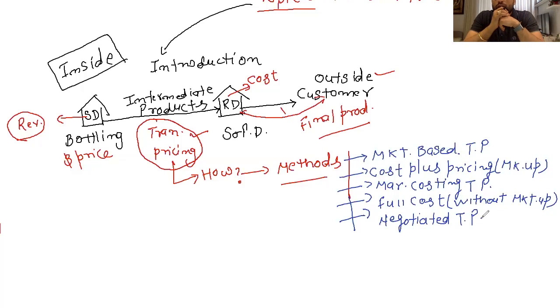So we have 5 different methods, and a company can apply any of these to estimate the price one department will charge another department. In your assignments, the last question 3, you have to choose any 2 methods out of 5 to explain. If you want, you can add some numbers.